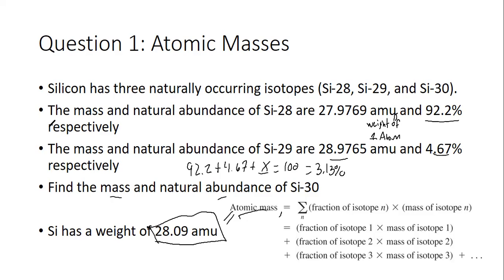All right, so let's look at our atomic mass equation. We know that the weight of silicon is 28.09.